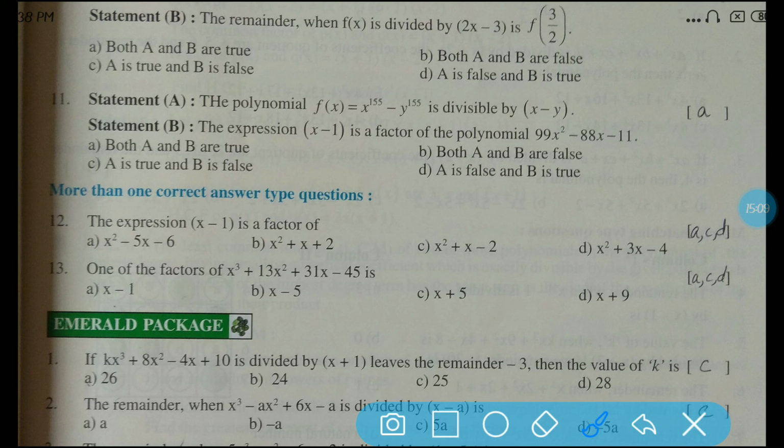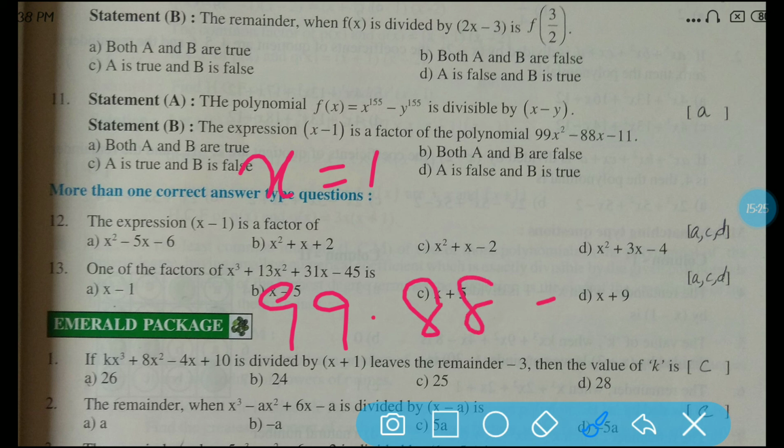Next, the expression x minus 1 is a factor of the polynomial 99x square minus 88 minus 11. So the x value will be 1, when you move that minus 1 to RHS. So it will be 99 minus 88 minus 11.